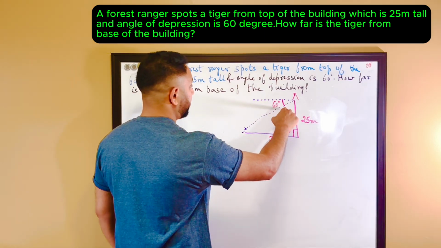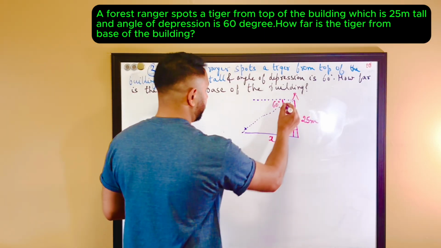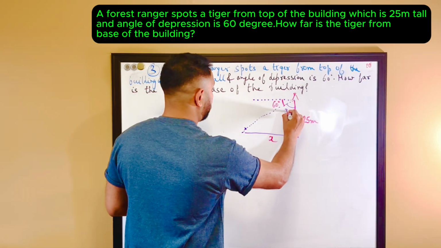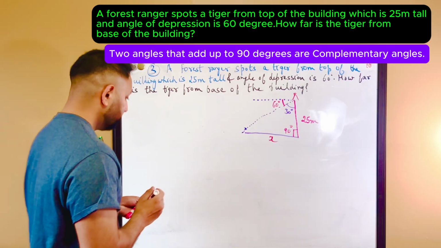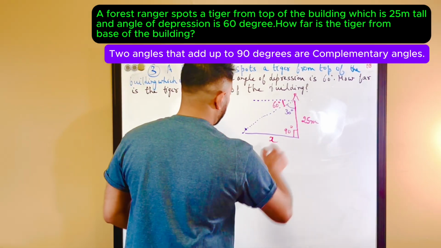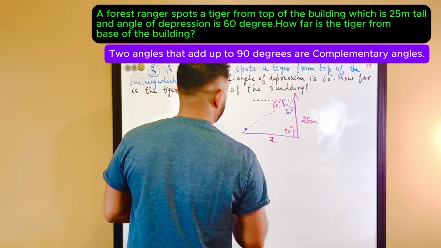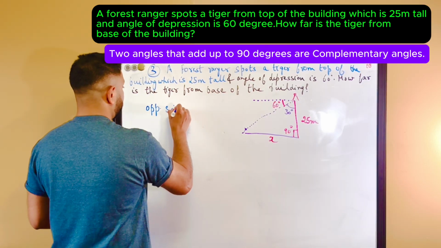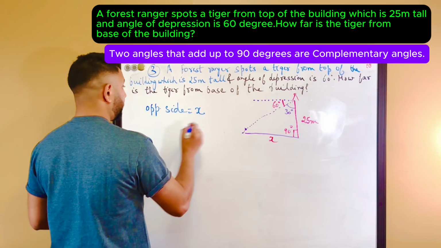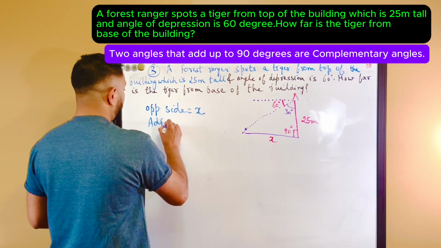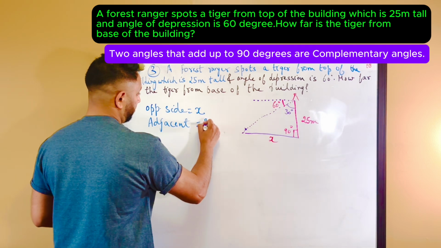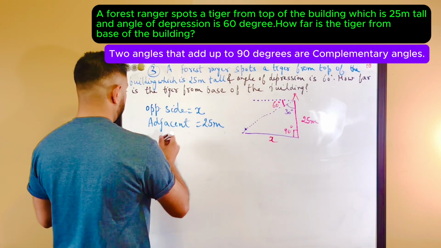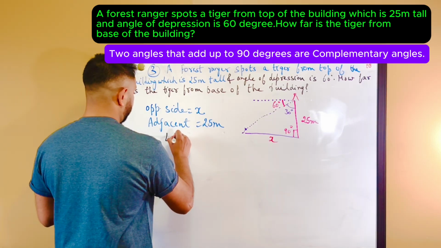If this is 60 then this is 30, because this whole angle is 90 by the complementary angle property. So in this triangle, the side opposite to 30 degree is the opposite side, which is x, and the adjacent side is 25 meter. And the angle is 30.